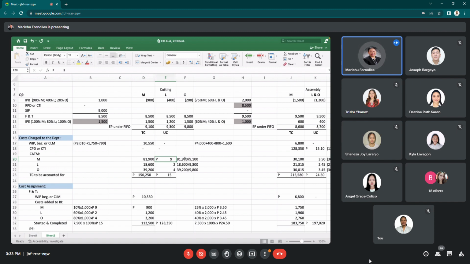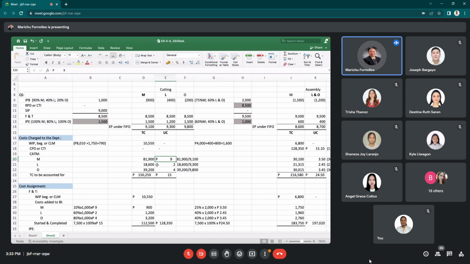So we will compute on the right side the unit cost. Remember, we are using first in, first out. So to get the unit cost of materials under first in, first out, it would be material cost this month, 81,900 divided by your EP for materials under first in, first out, 9,100 equals the unit cost of materials, 9 pesos.